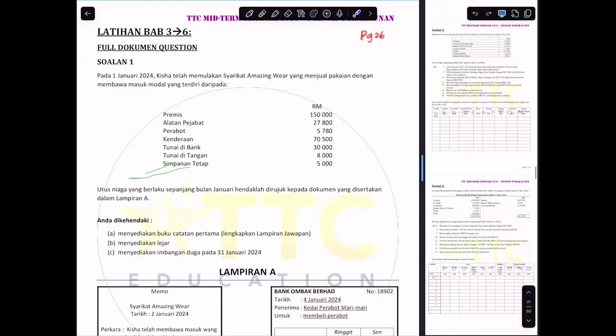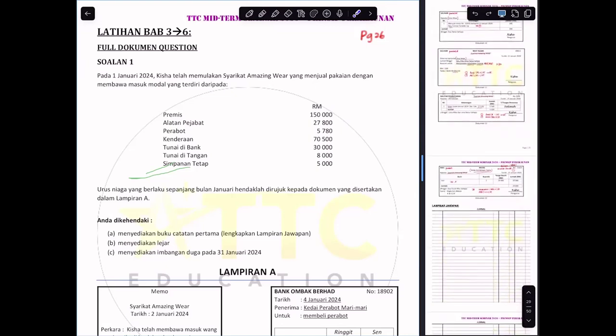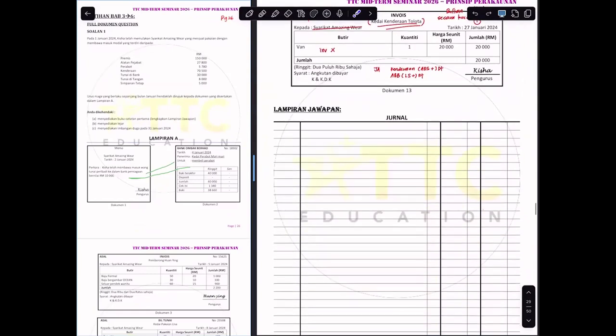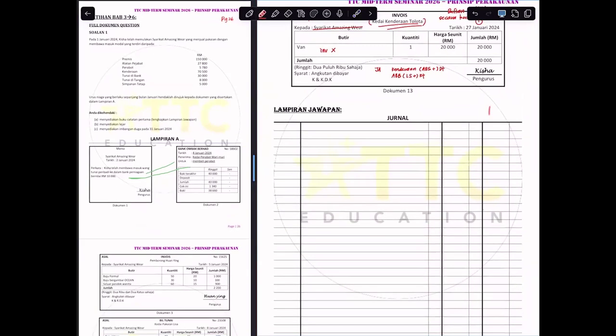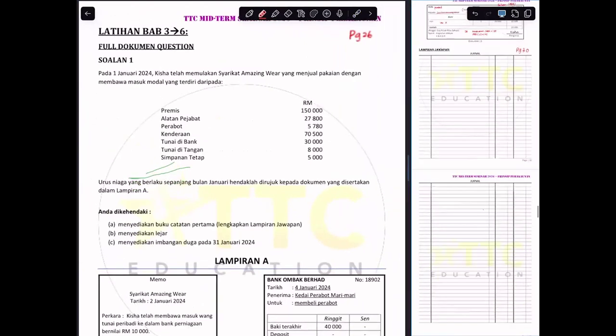Later, you will need to write your answer from page number 30 onwards. For your information, for those who didn't realize, we're actually having account class for 2.5 hours. So don't leave first.